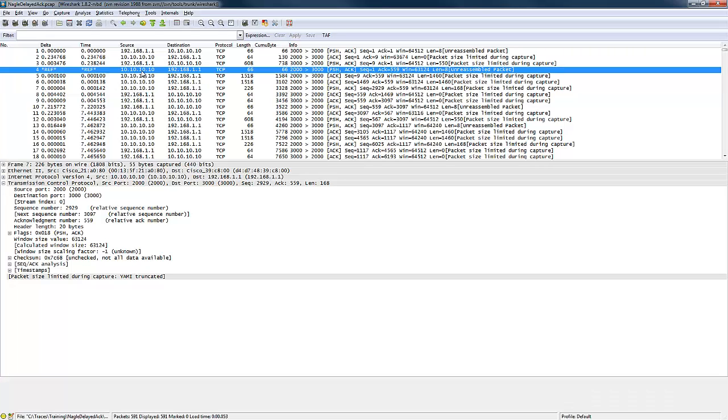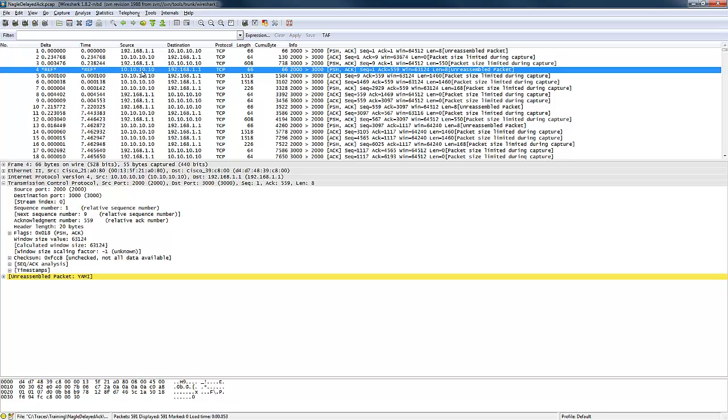Okay, so now remember the rule of delayed acknowledgement. It said to acknowledge every other packet. So here's our first acknowledgement, packet number 8. Which packet do you suppose the 192.168.1.1 is acknowledging? Is it going to be the first packet out of the train? No, it's not. Why?